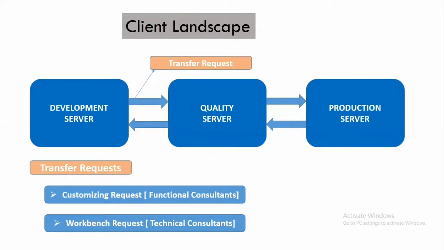Infosys will have three servers, because in this industry we have two types of consultants. One is functional consultants, another is technical consultants. We have a number of functional consultants: SAP MM, SAP SD, SAP FICO, SAP PM, SAP PS, SAP WM. Apart from this, we have technical consultants.